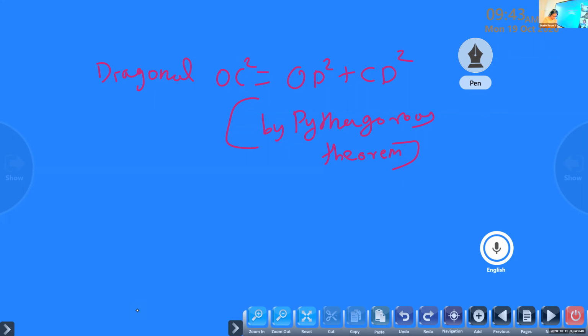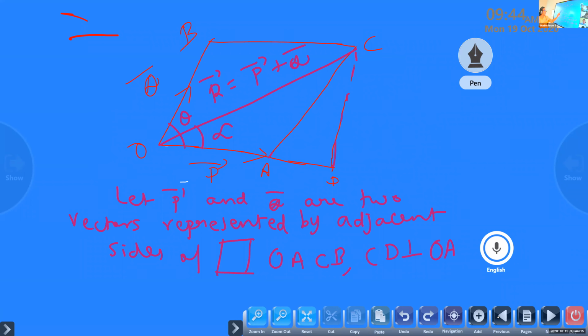Now, from the diagram we have OD is equal to OA plus AD. Everyone look at the diagram that you drew. OD means OA plus AD, so this length plus this length.